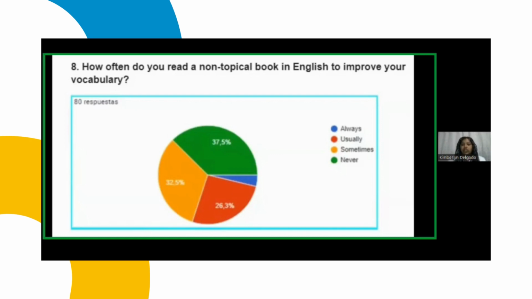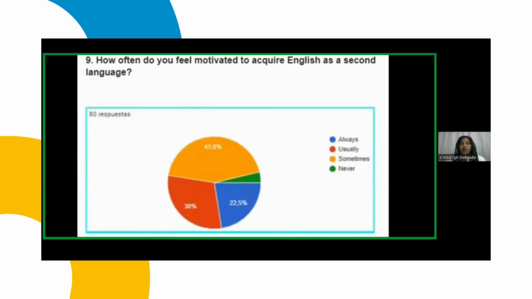The eighth question is, how often do you feel motivated to acquire English as a second language? Of the 80 participants, 35, the 43.8% people select the option sometimes, followed by 24, the 30% people voted for the usually option, the 18, 22.5% people choose the always option, and the remaining 3, the 3.7% people answer the never option.